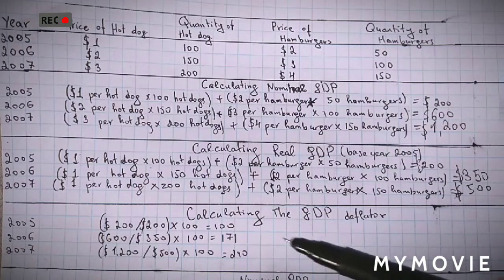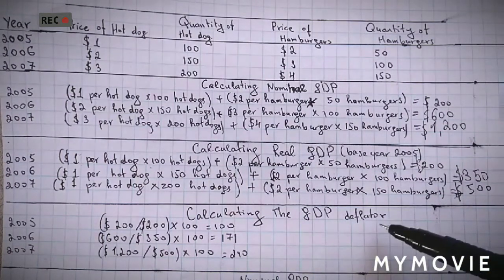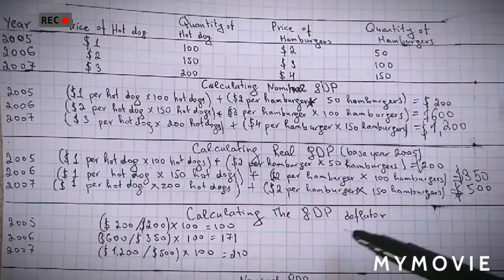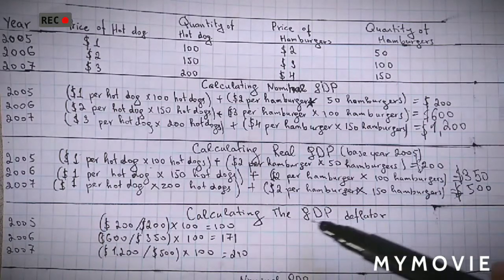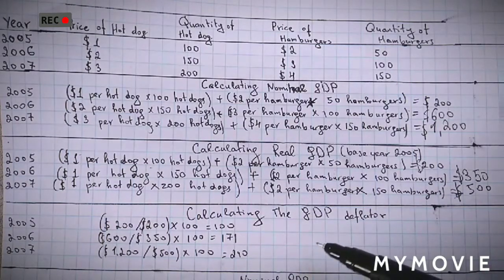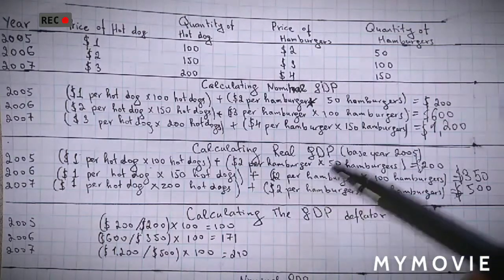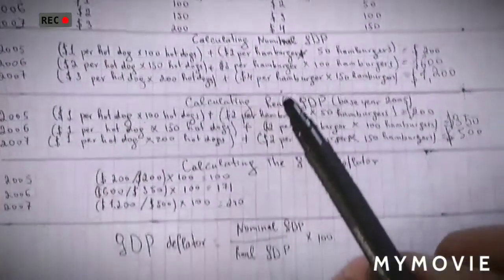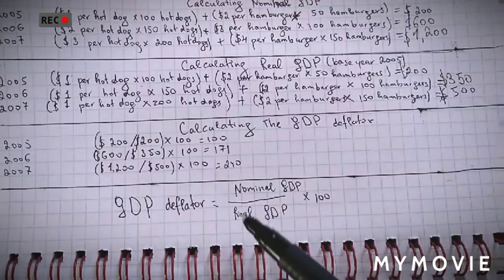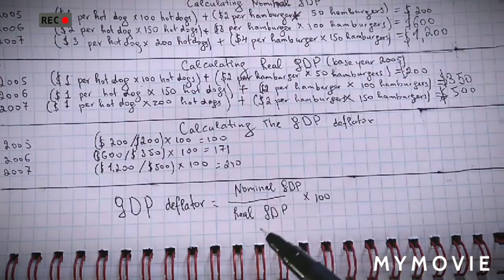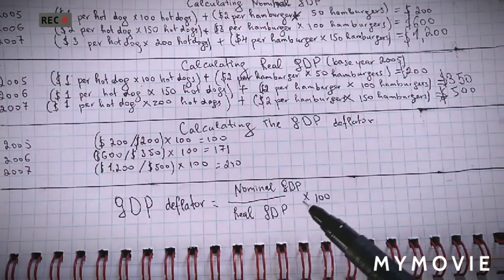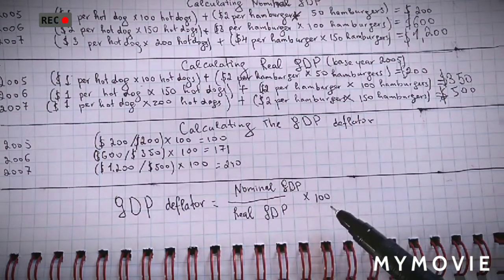Well, how about calculating the GDP deflator? This GDP deflator we can use to measure prices. For that we need the formula. This is the formula: GDP deflator equals nominal GDP over real GDP, multiplied by 100, and then we can get the result.